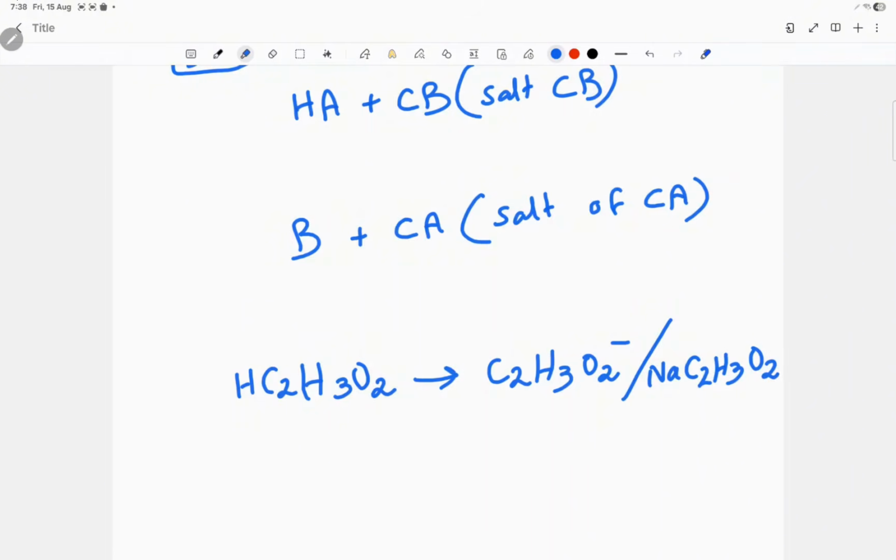Let's just call it salt now, because salt is not supposed to have any charge. Or for example, if I take a base, what's the conjugate acid for it? NH4 positive. And how do I cancel that positive charge? By adding something negative, which is the halogen. So NH4Cl. That's how it works.